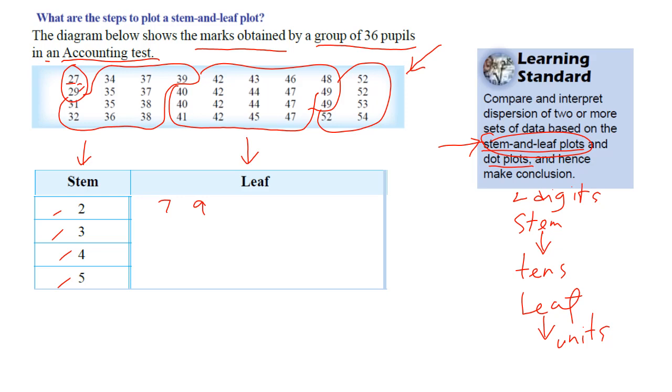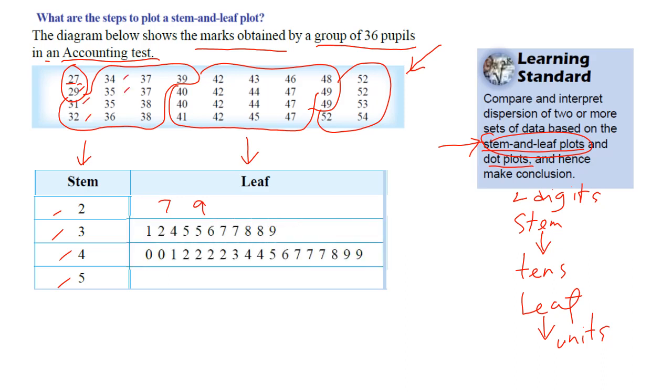And then for the 30s, this one is 1, 2, 4, 5. I've done it for you, up to 39. And then for the 40s, you start with 40, 40. So 0, 0. Then 1, 2, you have four 2s here, and so on.